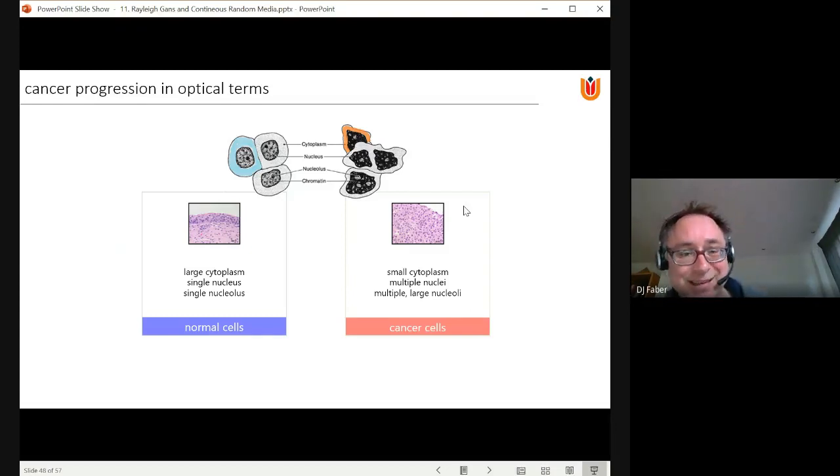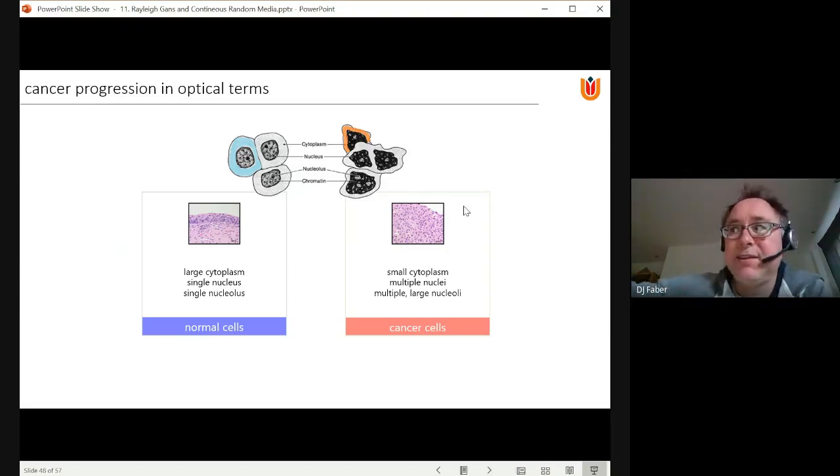So the concept is more or less clear. If you have normal cells that are well behaved, that have regular shapes and regular organelles in there, they will give some kind of scattering signal. And then when cancer occurs, it's known just from histology that changes occur.